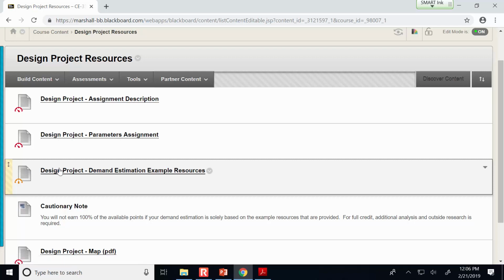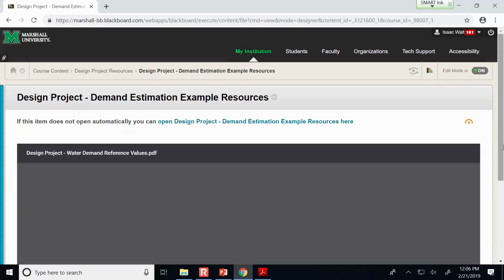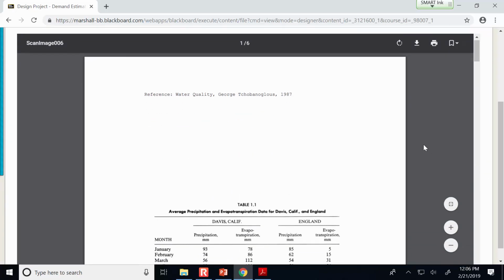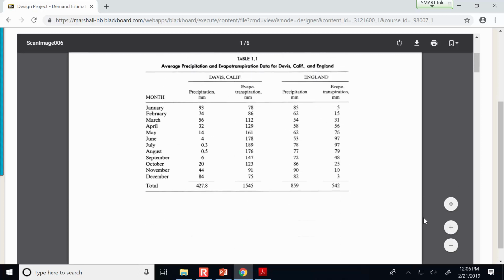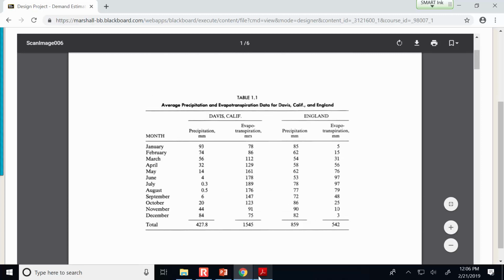And there's this third PDF file, Demand Estimation Example Resources. And this is just showing an example, in Davis, California and England, of the month-to-month precipitation versus the evapotranspiration. You may be wondering, well, what's that all about?